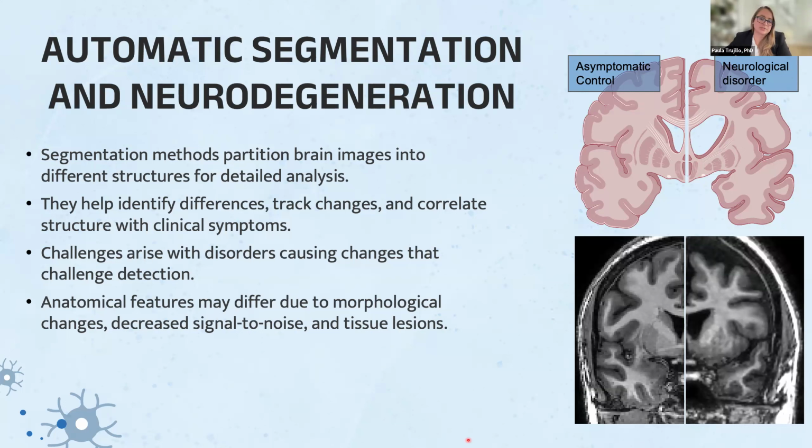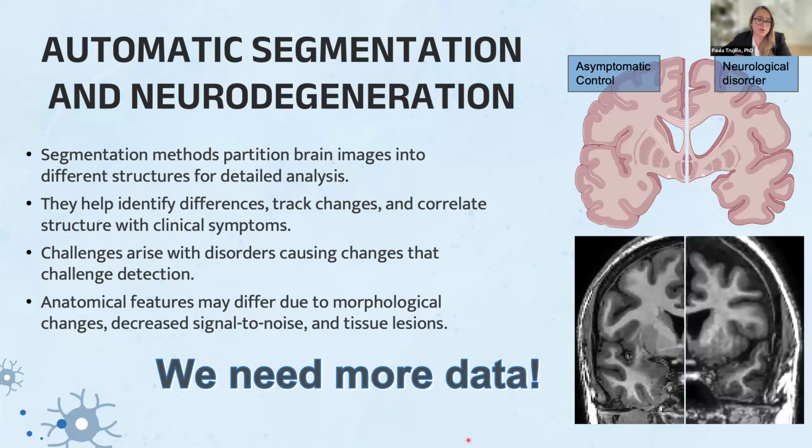So to address this limitation and improve precision, researchers need access to more data, including MRI from patients with MSA and other neurological conditions. So we need more data because to improve the accuracy, we need to train these algorithms with images that look like the images that we obtain from patients. So this will allow us to refine the algorithms and develop specialized models that are specifically tailored to MSA characteristics and can further enhance segmentation accuracy and reliability.